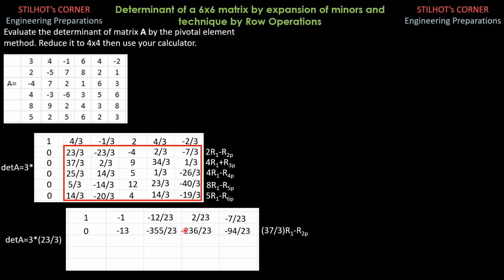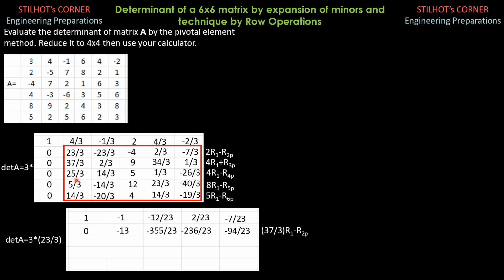And I want you to check the rest of these elements. So 37 over 3 times negative 1 is negative 37 over 3. Then minus 2 over 3, negative 37 over 3 minus 2 over 3 is negative 39 over 3 or negative 13. So that checks. So I want you to check the rest.